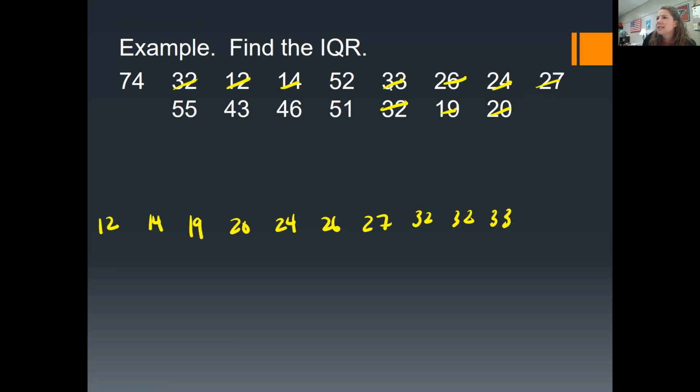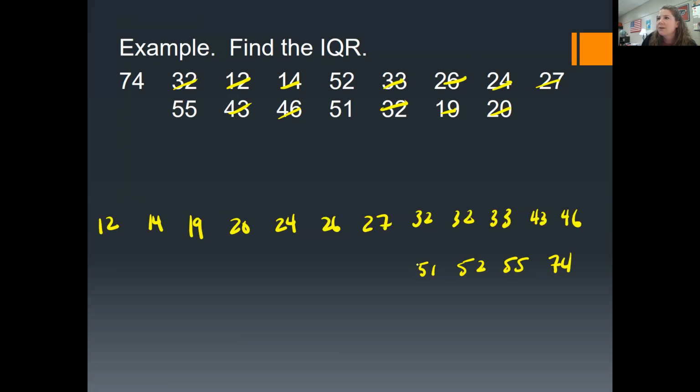I wanted these on the same line, but I'm running out of space. I have two 40s. So I have 43, 46, 43, 46, and then we have 51, 52, 55, and 74. All right, so what do you do when you finish copying?